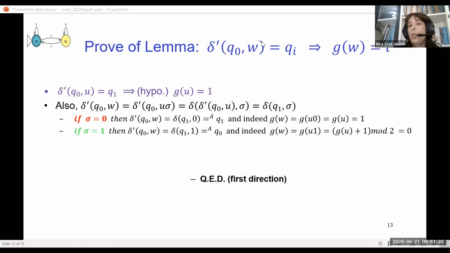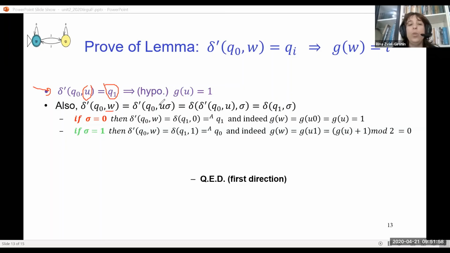Since I don't know what happens with my prefix, now I need to make the second assumption: what happens if I had a prefix with an odd number of ones and I finished reading it in Q1. And I assume, by the induction hypothesis, that G of U equals 1, because we have an odd number of ones in U. So now once again, we are looking at word W, which was built according to some prefix U with additional letter.